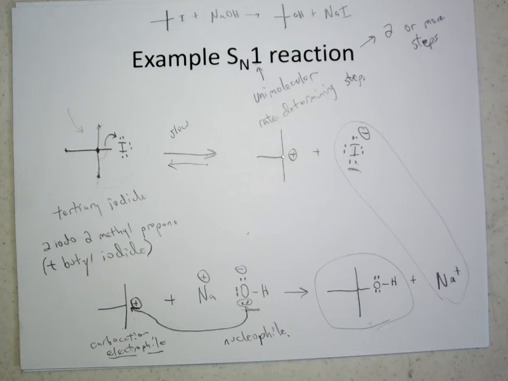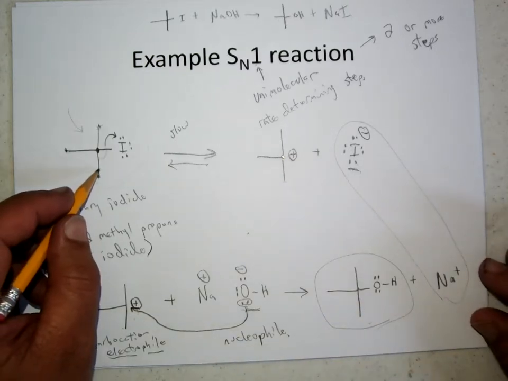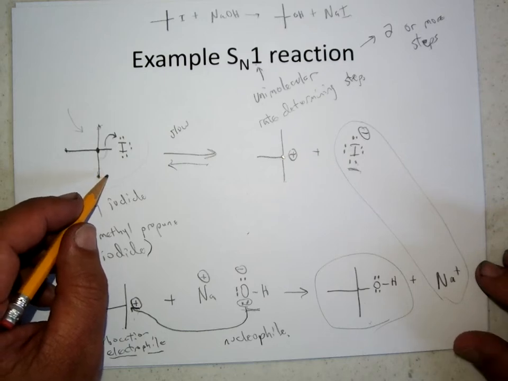The other thing though is that the hydroxide is a terrible leaving group. So in this case, even if the hydroxide was in small quantities, once it bonds, it's not going to fall off. So one of the things we need for the SN1 reaction is we need a decent leaving group.